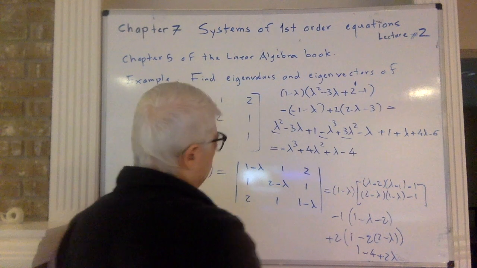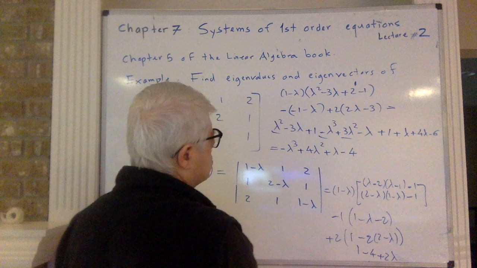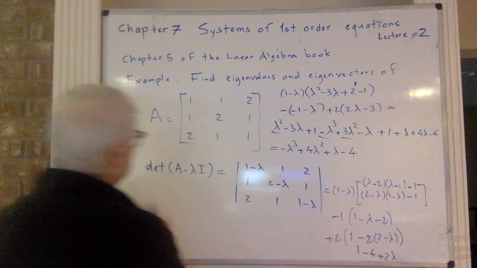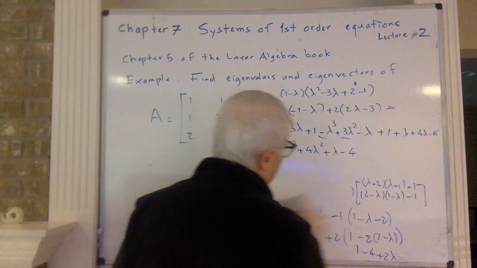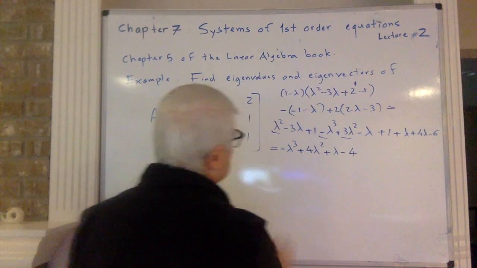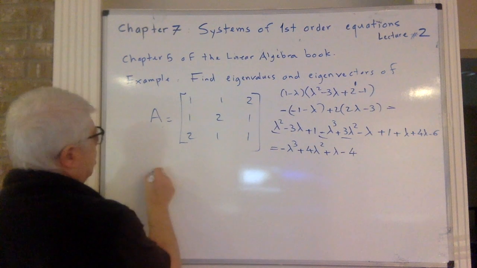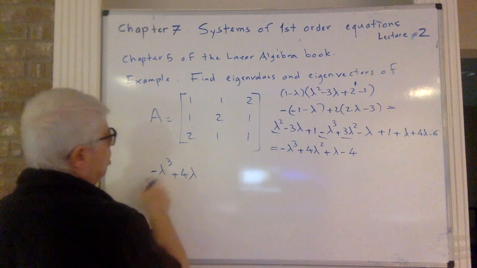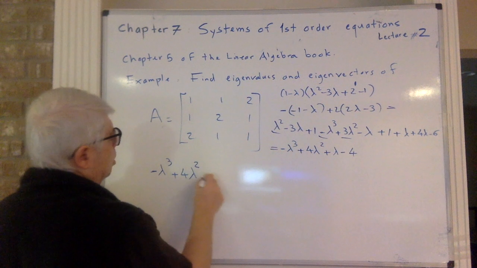minus 1. Oh, okay. Yeah, that's correct. So, yeah, I forgot something. Okay, so this is correct. So I have minus lambda cubed plus 4. You see, when we have minus here, even I get confused.